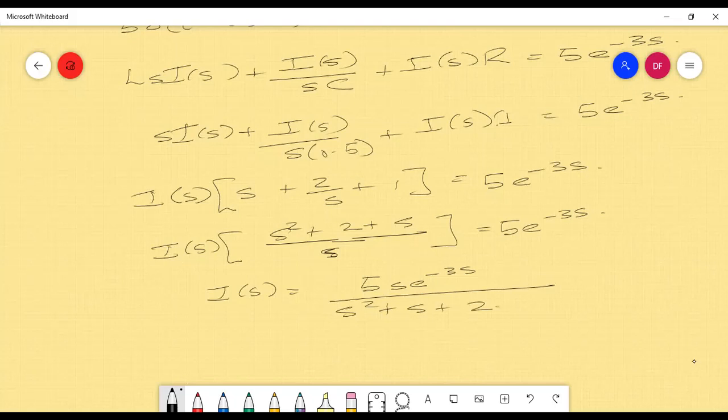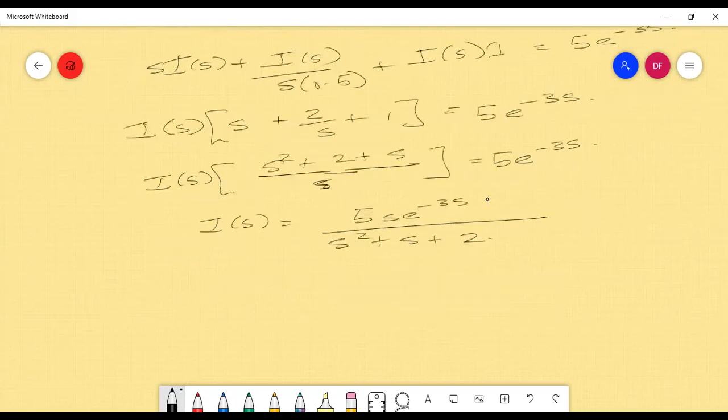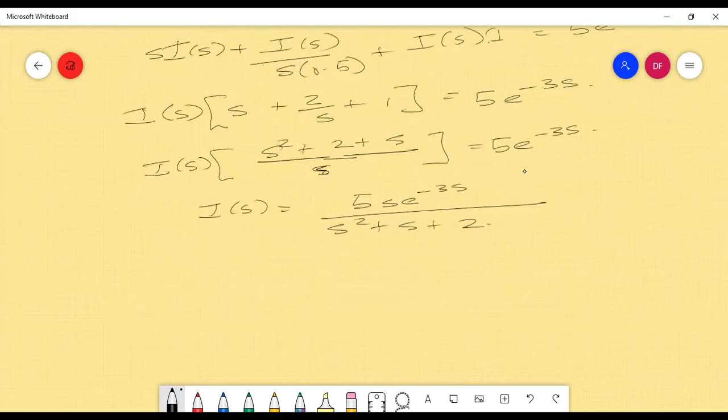So we're going to ignore the e to the minus 3s, and this cannot be factorized. So we're going to have to do the complete the square thing. S plus half of the coefficient here, so it's a half squared. My math teacher said take 2 and minus whatever you see over here. So this minus a half squared.